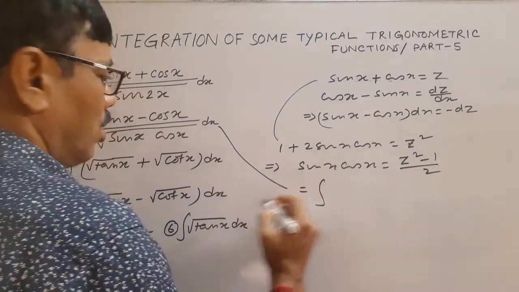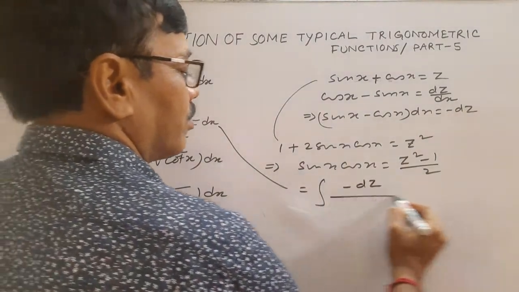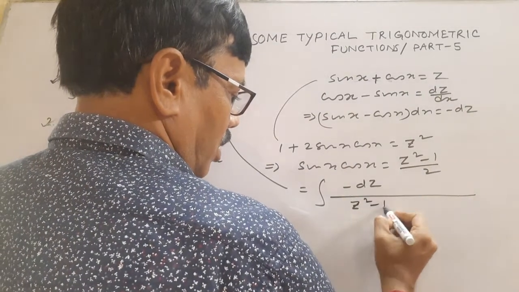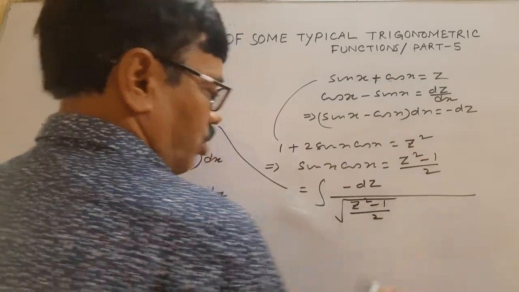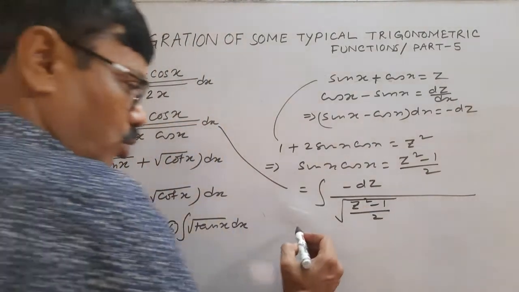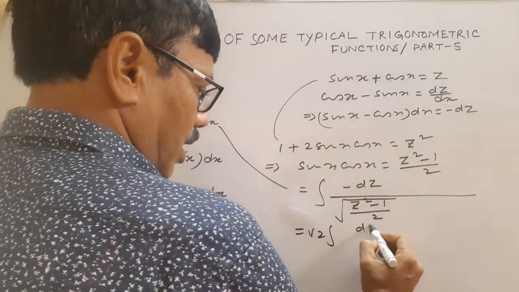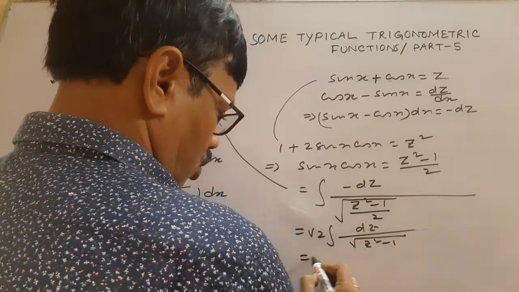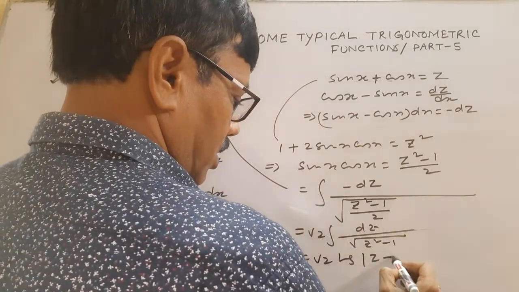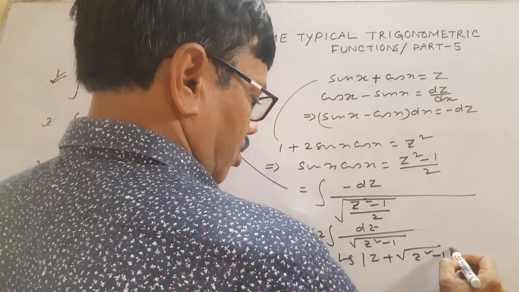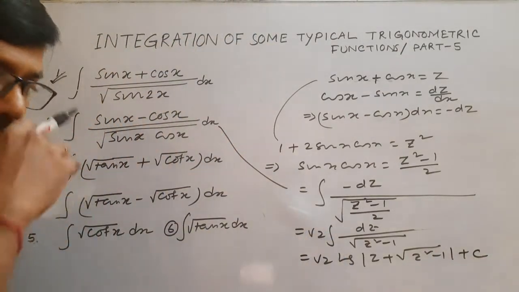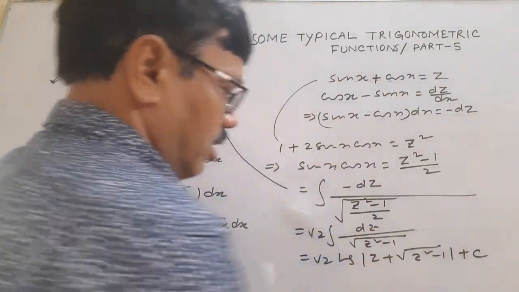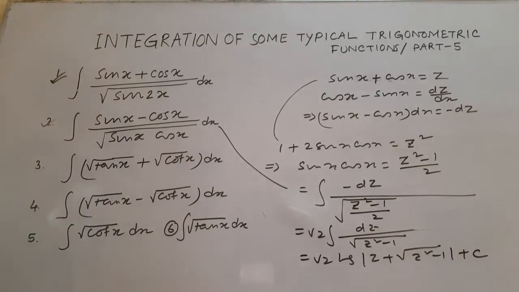Now sin x minus cos x is minus dz. So we get root 2 into dz by root over z square minus 1, which is root 2 into log of z plus root over z square minus 1, plus c. So putting the value of z, we get the solution, that is, the primitive.